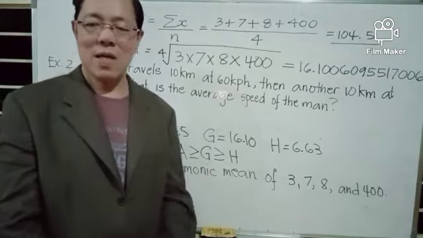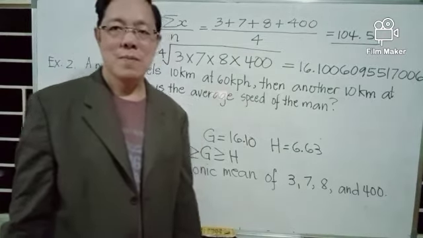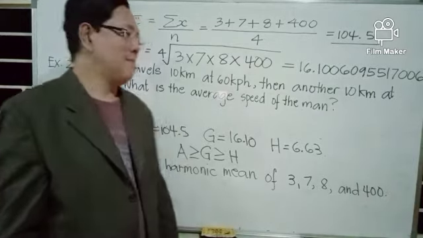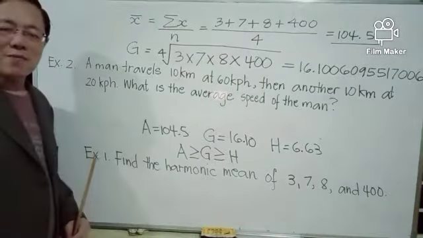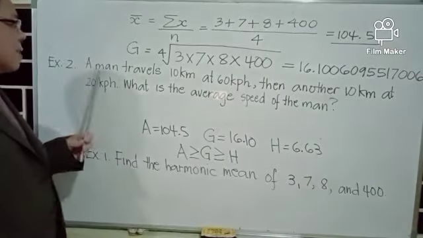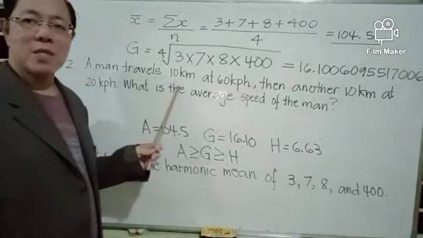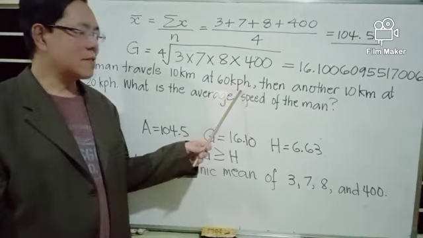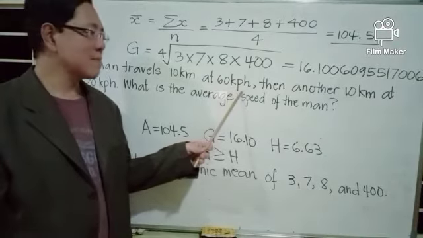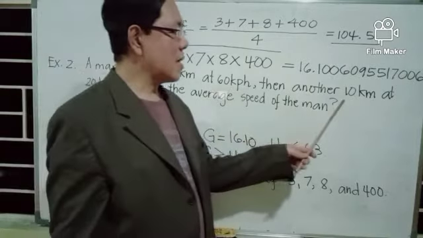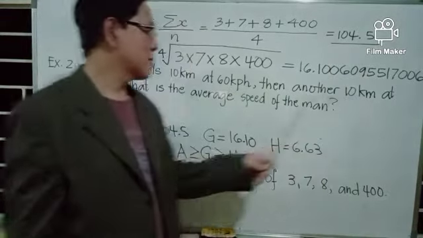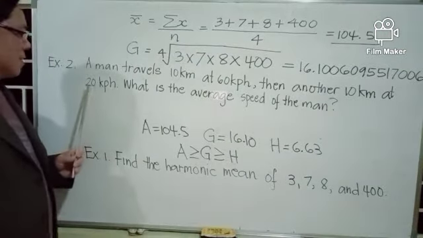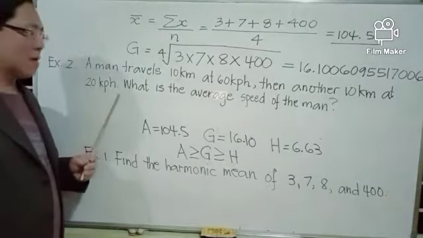Now we take another example for the application of harmonic mean. Consider the following problem. A man travels 10 kilometers at 60 kph, that means 60 kilometers per hour. Then another 10 kilometers at 20 kph, that is 20 kilometers per hour.